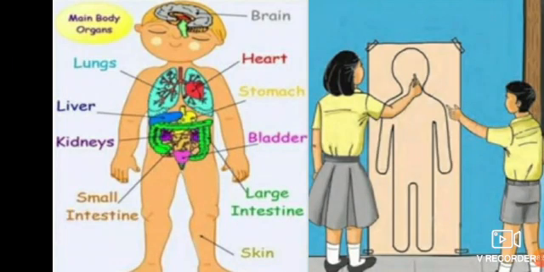Skin we can see, but the other organs we are not able to see because they are inside our body. So exactly where the brain is located, heart is located, lungs and stomach. So this is a picture of the internal organs.